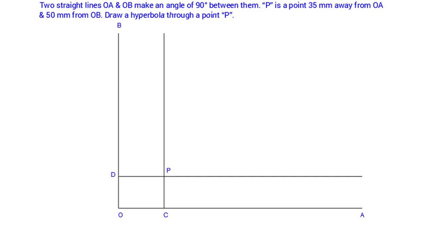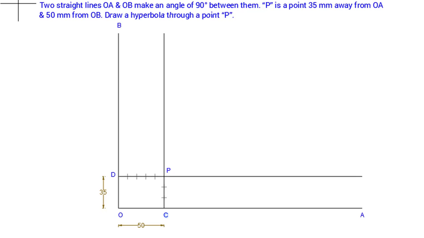After that, we will mention the dimension between line OA and point P, which is 35 mm, as well as the dimension between line OB and point P, which is 50 mm, as shown. Now we will divide line CP into 3 equal parts and line DP into 5 equal parts.